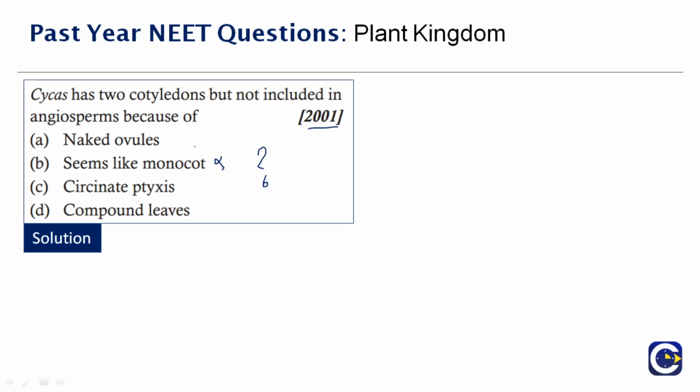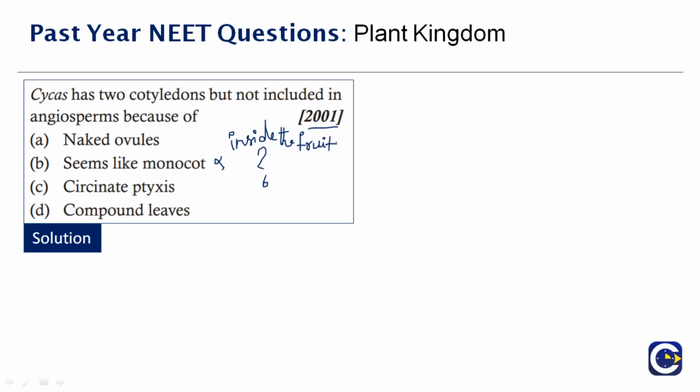Now here, though it has 2 cotyledons, it still cannot be considered under angiosperms because of the presence of naked ovules. In Cycas, if you see, the seed does not occur inside the fruit. It is not present inside the fruit. It remains open, naked. There's no coverage.